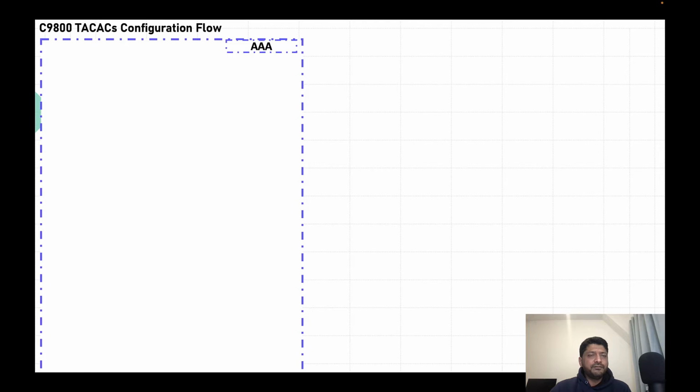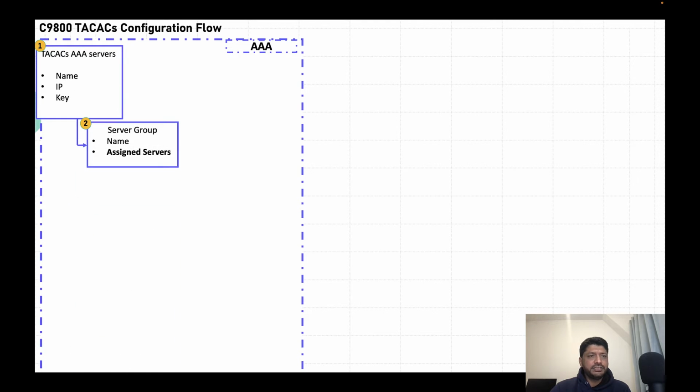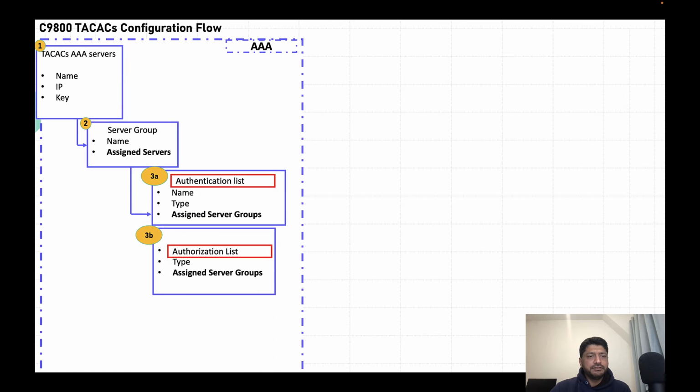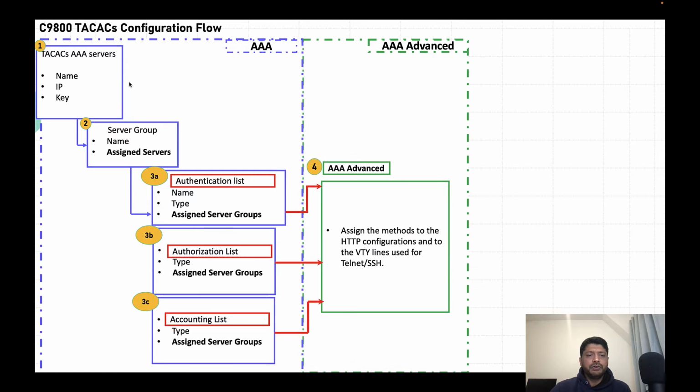It is quite straightforward and very simple. You would configure the TACACS server IP address and shared secret, and map it to the server group. Once you map it to the server group, you're going to configure 3 different method lists. One is for authentication, second is for authorization, and third one is for accounting. And map that server group under these 3 different method lists.